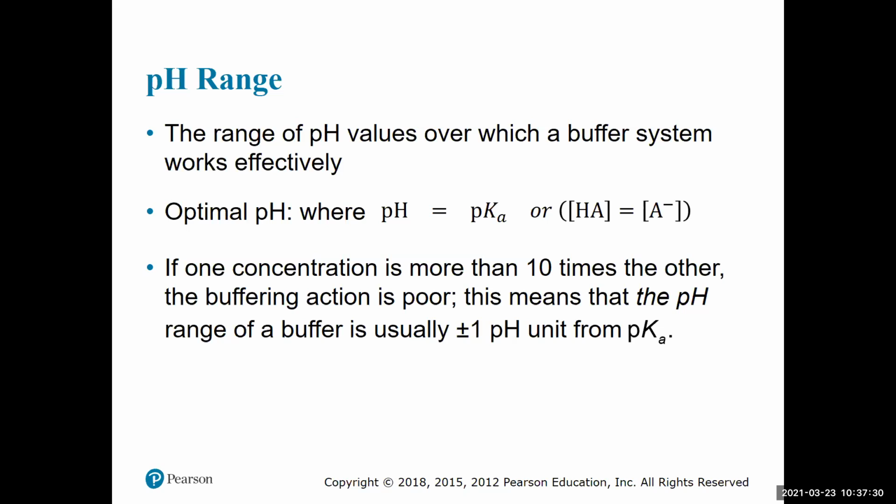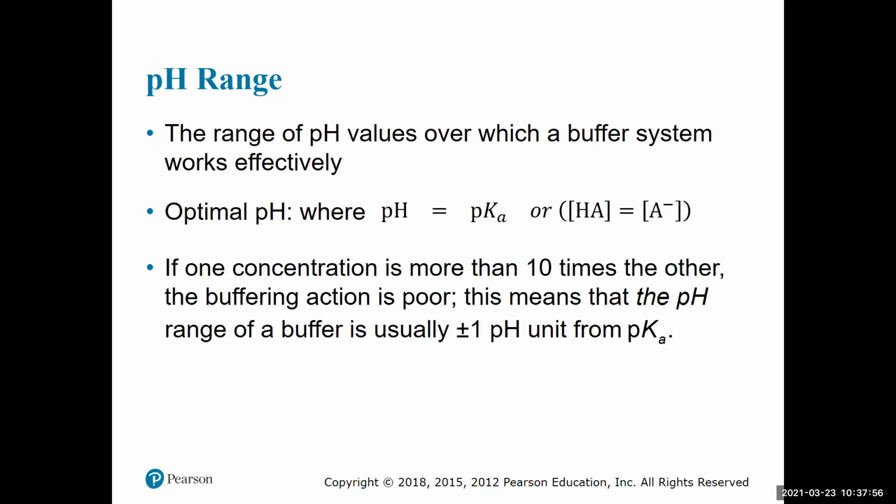So the rule of thumb is that if you know the pKa of something, say you have a weak acid and the pKa is 5, then that can serve as a buffer anywhere from pH 4 to pH 6, so plus or minus 1 on that pKa. You get outside that, and the buffer just doesn't work that well.